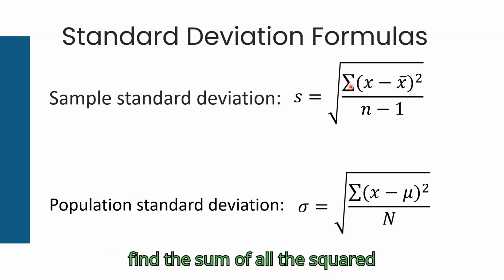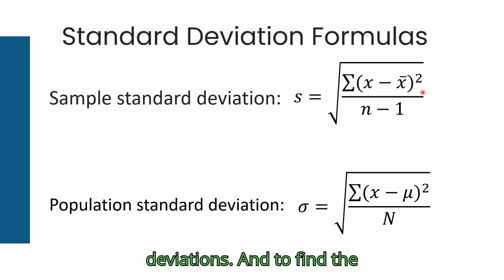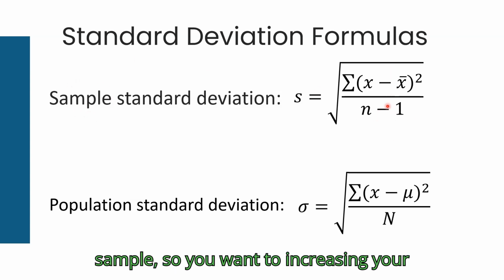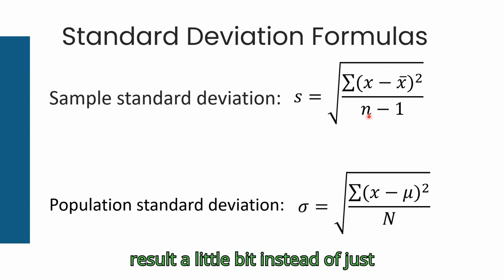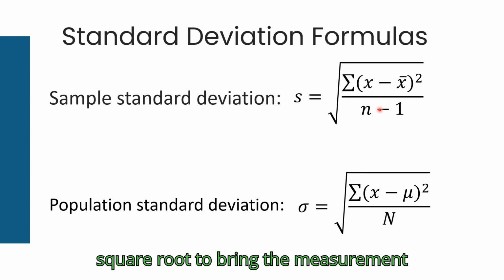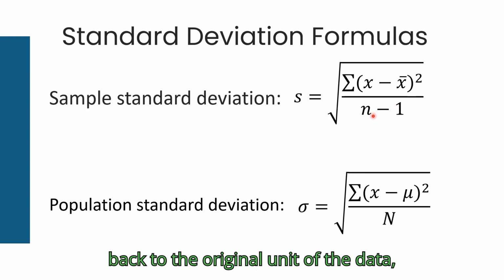Then you find the sum of all the squared deviations. To find the average, you divide by n minus 1 because you're dealing with a sample, so you want to increase your result a little bit instead of just dividing by n. Then you take the square root to bring the measurement back to the original units of the data, making it more interpretable.